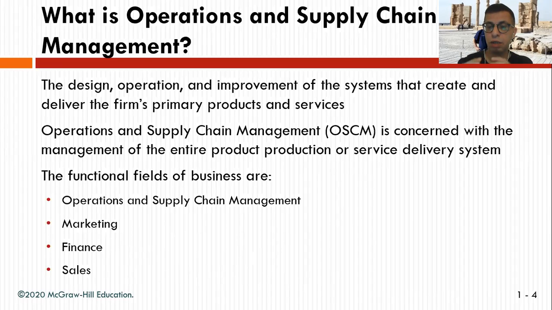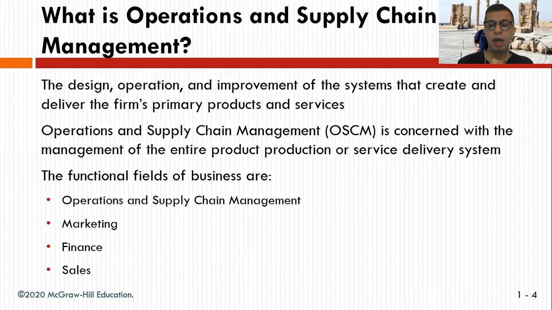We will be talking more about product production and service delivery systems separately, and we will try to analyze them and see what we need to know about them to improve the service or the product. So basically the functional fields of business are operation and supply chain management, marketing, finance, and sales.